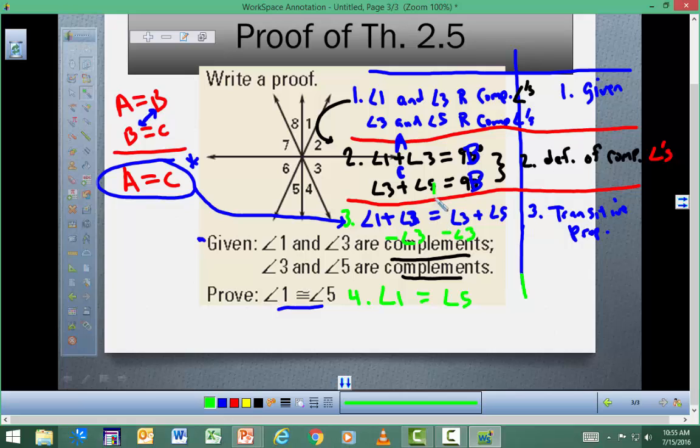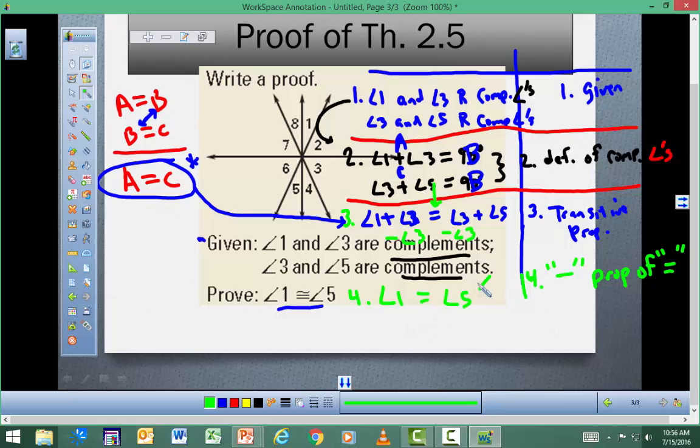I have an equal sign, so I'm allowed to subtract the same number on both sides of an equal sign, and that's called the subtraction property of equality. And there we are, we're done.